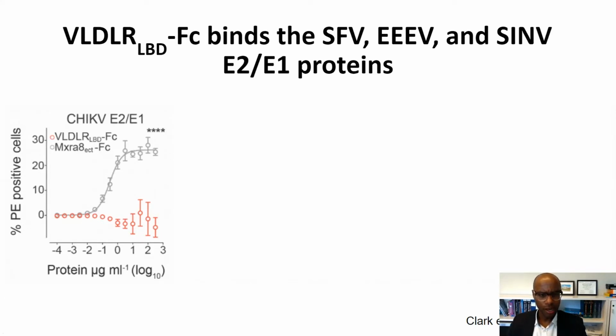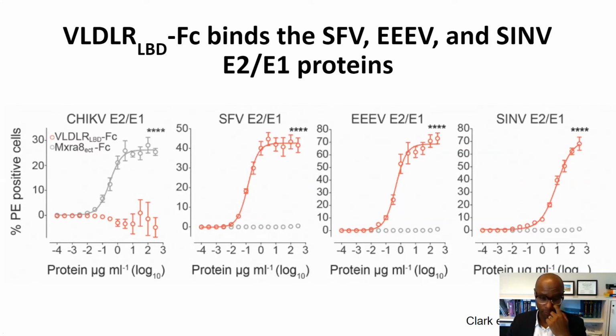And so this is a control here, cells transfected with chikungunya E2, E1 will actually bind the MXRA8 Fc fusion protein, but not the VLDLR-Fc fusion protein. But when we did a similar experiment, but instead with 293T cells overexpressing Semliki Forest, Eastern equine encephalitis, or SINV viruses, we saw the reverse effect whereby the VLDLR-Fc fusion protein was binding to cells, but not the MXRA8 Fc fusion protein.